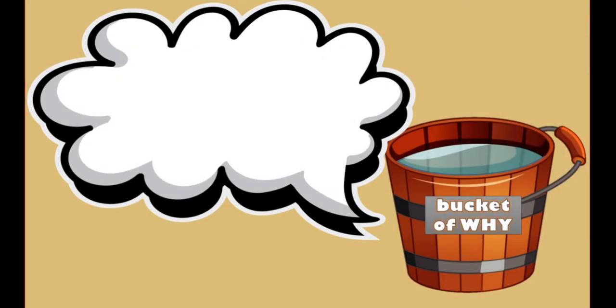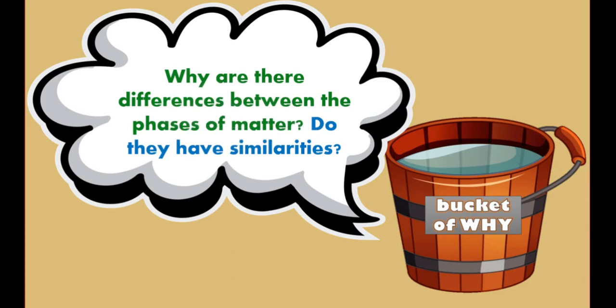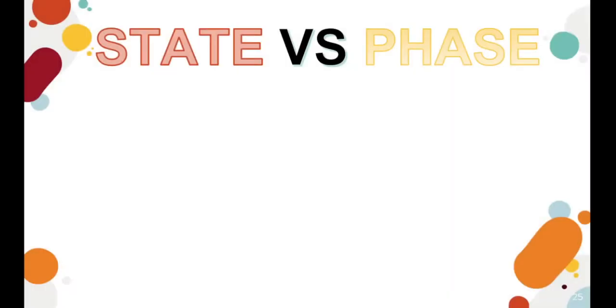Now, let's go back to our bucket of why. Why are there differences between the phases of matter? Do they have similarities? But first, let's talk about the difference between state of matter and phase of matter.